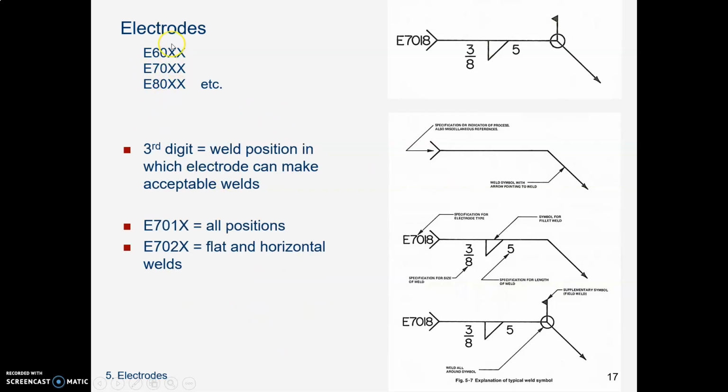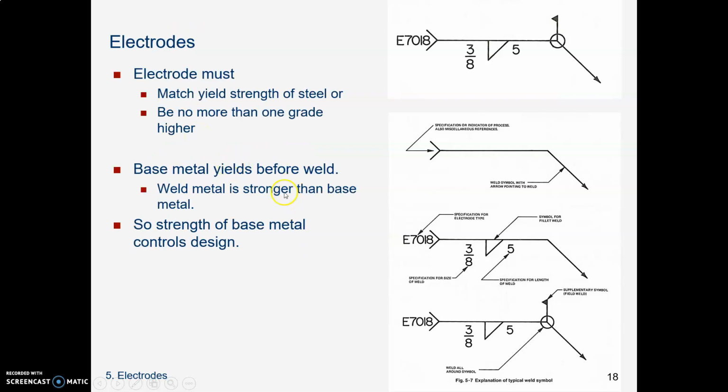The third digit here is for what weld position does it require. And if you are doing flat or overhead or up and down or anything, you can have a 1 there. And then the third number is the coating.